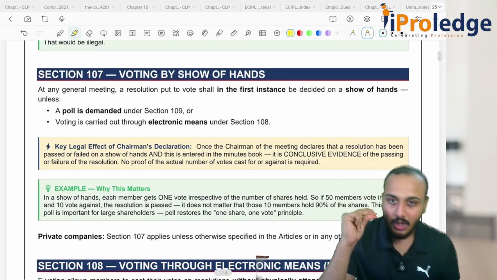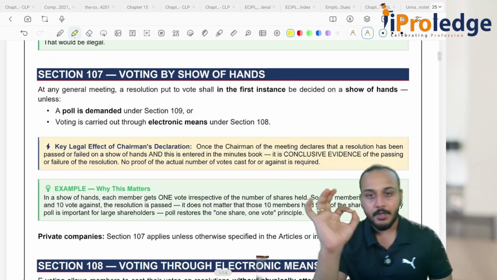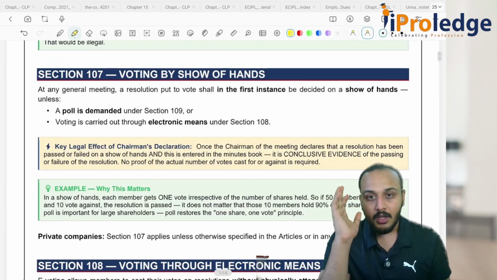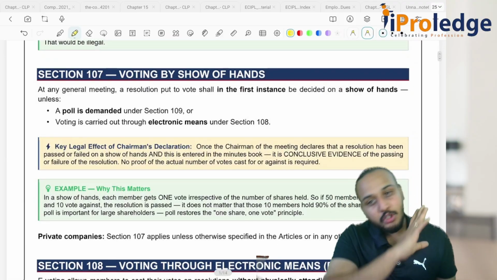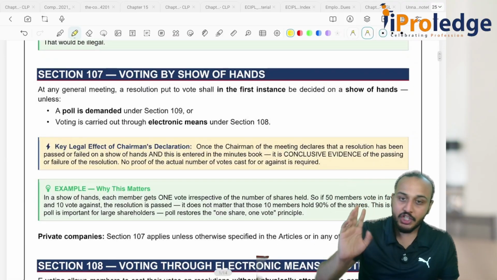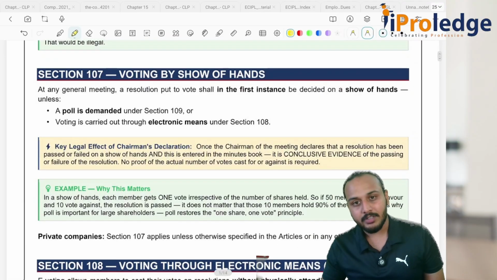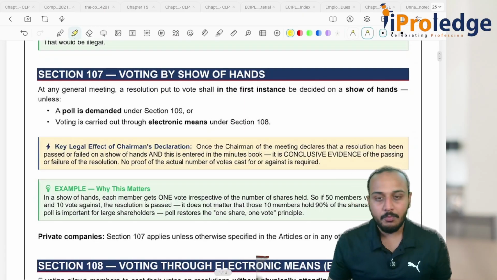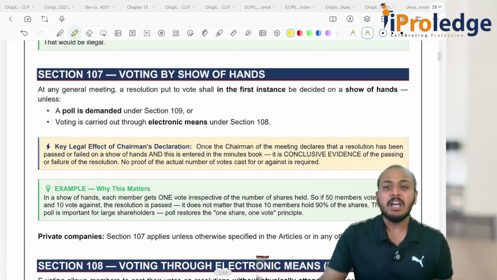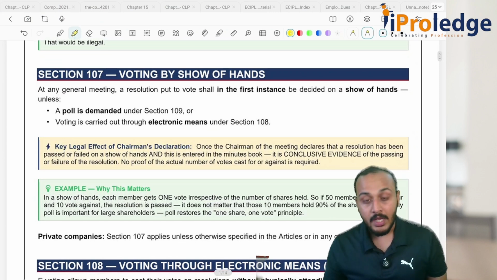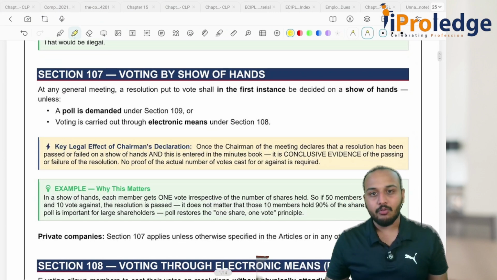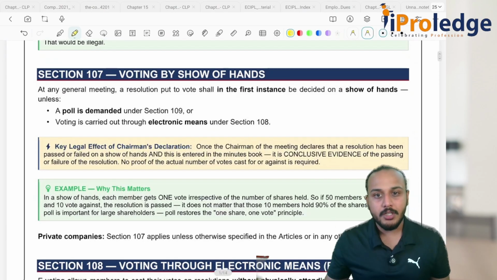Just a quick detour to the concept of shareholders' democracy. What is shareholders' democracy? In simple words, shareholders should be involved in the management of the company. How will shareholders get involved? The best way and the only way is casting their votes. If they are hesitant to cast their votes, then what is the point of shareholders' democracy?